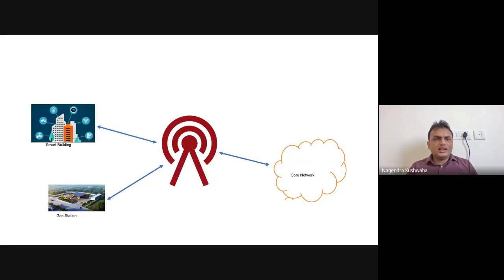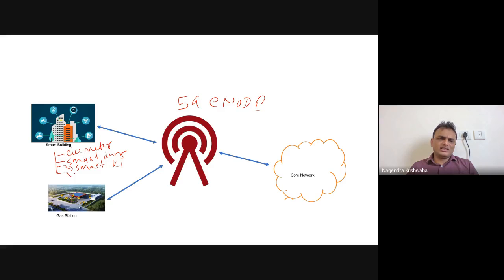Now just see a 5G application of IoT communication. This is a 5G eNodeB, and it is receiving various data from various places, like from a smart building. A smart building can have many devices. It can have an electricity meter, smart doors, and now people are coming with smart kitchens.